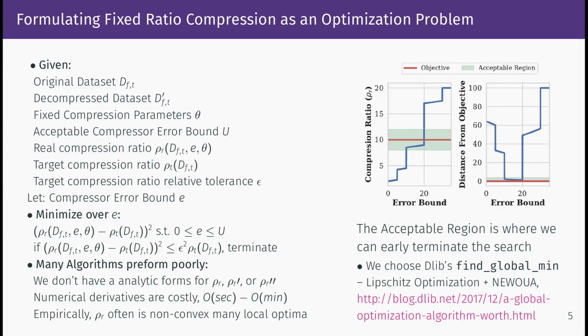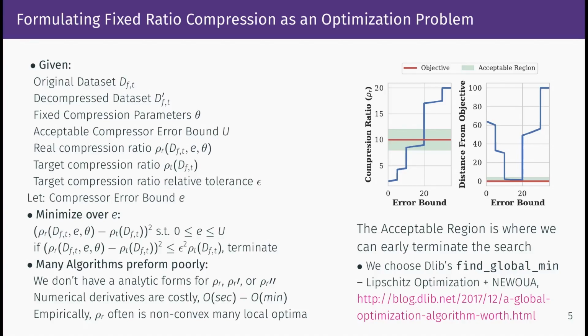computing a derivative requires us to actually execute the compressor. And depending on what compressor it is, this can take order of seconds to order of minutes. So if we're imagining computing a numerical derivative, we can compute an inaccurate one, but that would take at least 2 invocations of the compressor, taking order of seconds to order of minutes per invocation.